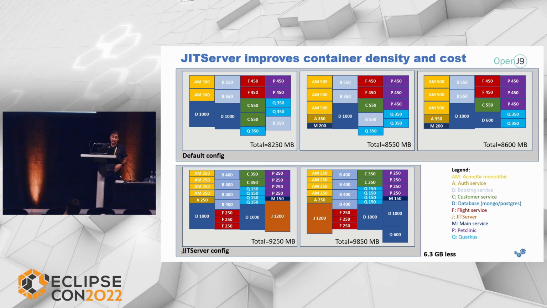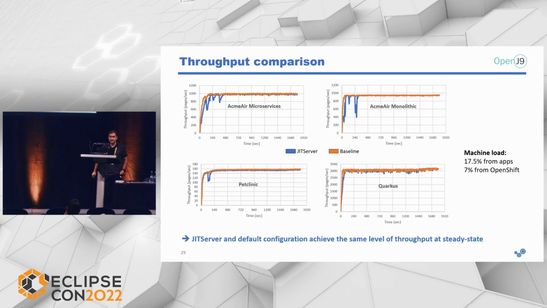But cost savings is not the entire story, because if the throughput is bad, then you may not want to use JITServer. So let's have a look at the throughput. This slide shows the throughput for the 4 applications that we use. The important thing to notice here is that the throughput for the JITServer configuration at steady state is exactly the same as the throughput for the baseline configuration.